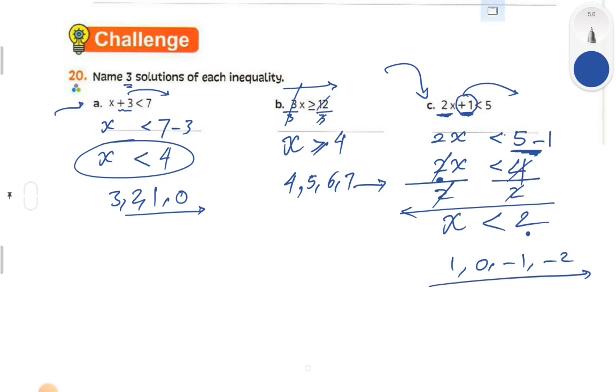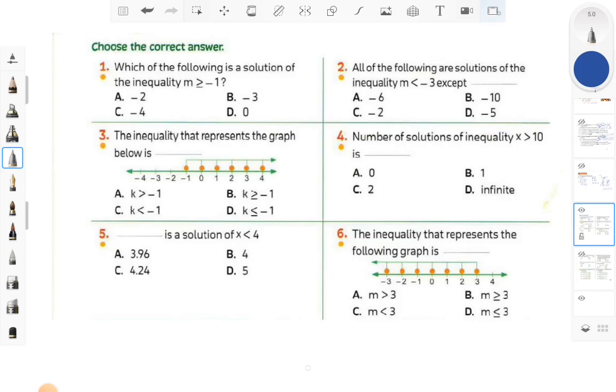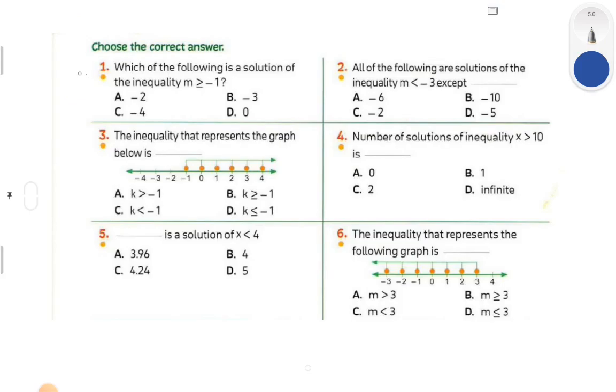That's okay. Now is the turn of the choose questions. Point 1. Which of the following is a solution of the inequality? m greater than or equal negative 1. Now greater than, go to what? Go to the right. After negative 1, and negative 1 is with you, yes, because we have equal here.